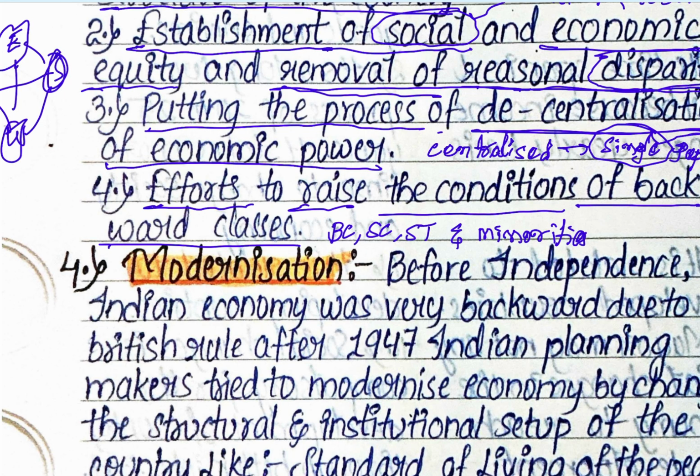These people are economically backward. Income wise, resources wise, opportunities wise, these community people, backward castes, BCs, SC, ST, minorities, are very backward. So we have to uplift these people, to raise the conditions of backward classes. That is also an important point to achieve social justice.